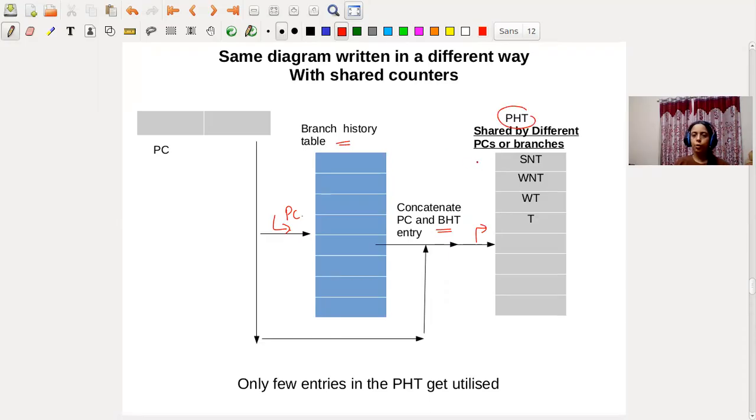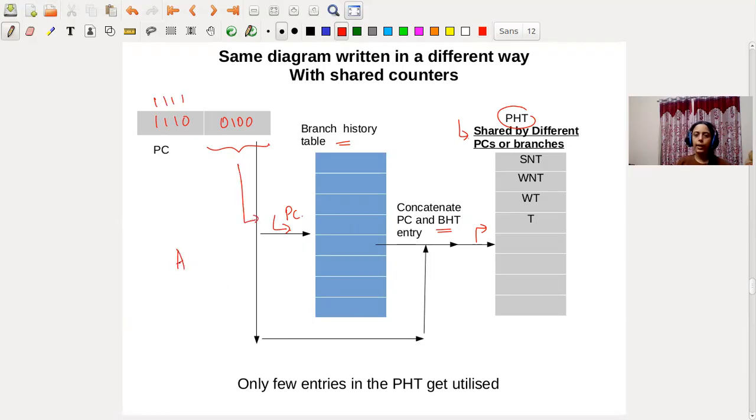Of course, this is going to be shared by different branches or PCs. You would have noticed it because we are only using part of the PC. So if you have a PC which has 0100 as the index bits, something which has 1110 and 1111 would still index into the same branch history table.